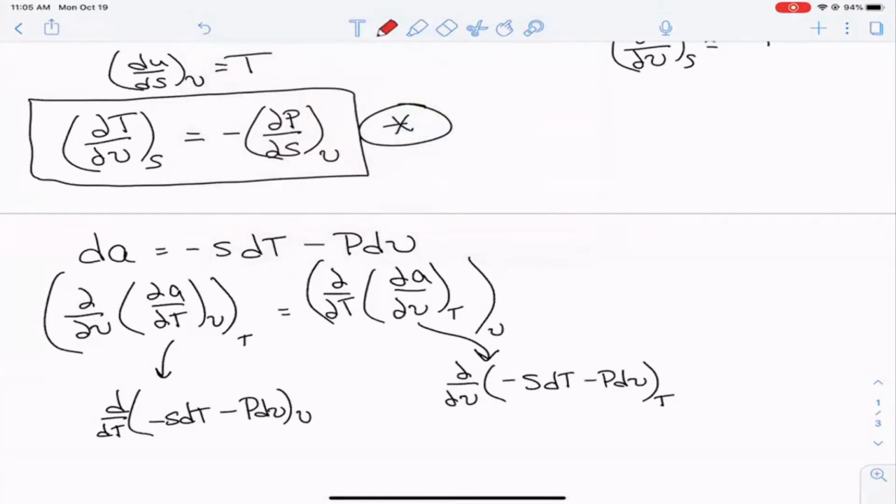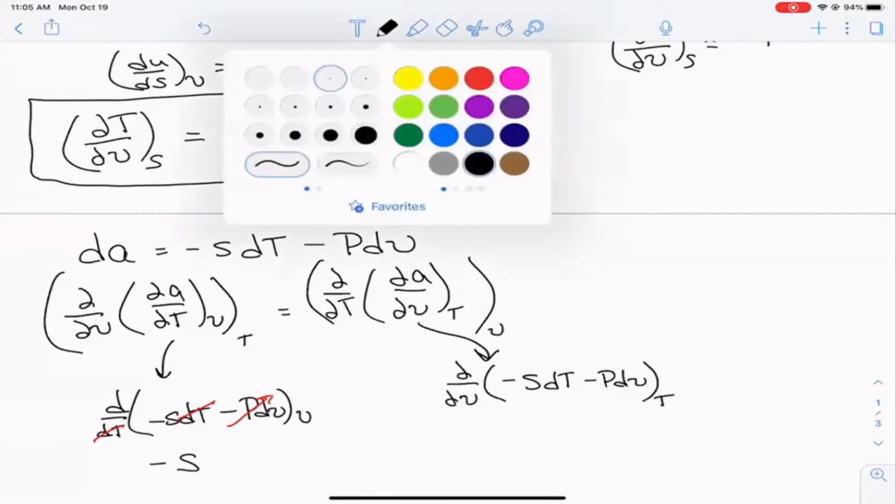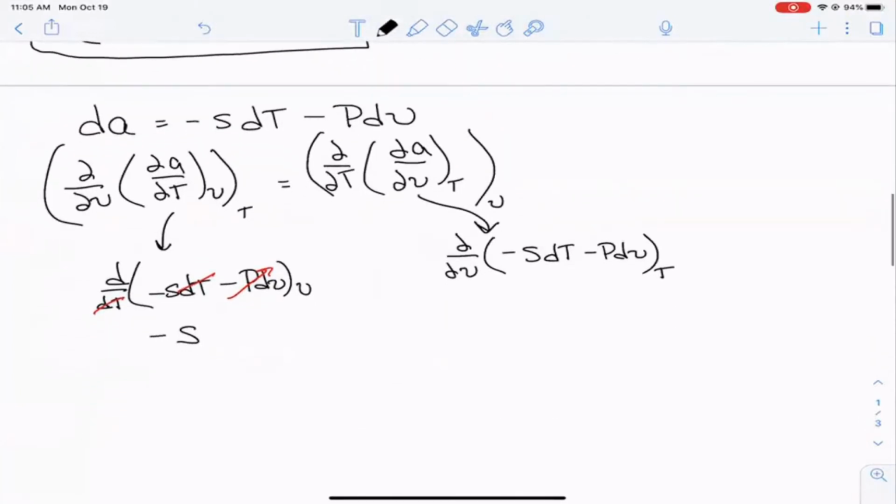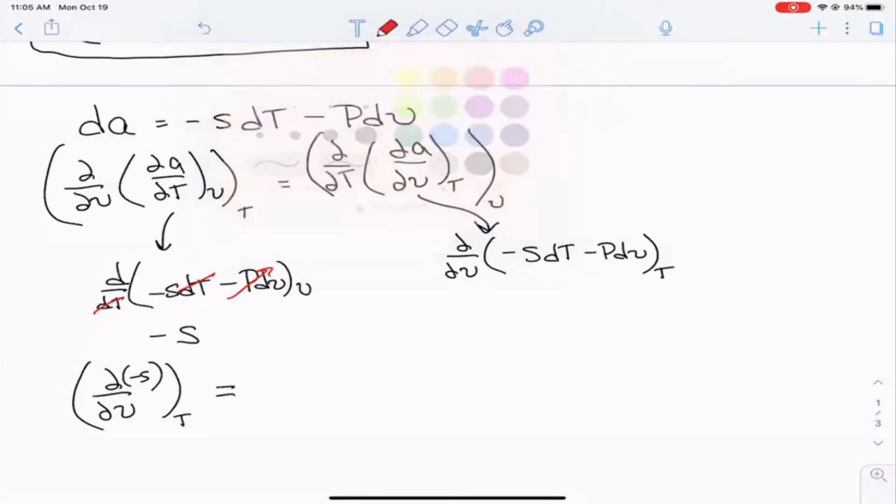And so on the left-hand side, we're taking this at constant volume. So dV is equal to 0. And then we have dT over dT, and those become 1. And so dA dT at constant V is just minus S. And so that gives us on the left-hand side of this equation d over dV of minus S at constant T, equals, and now we'll do the same thing to the term that would populate the right-hand side.